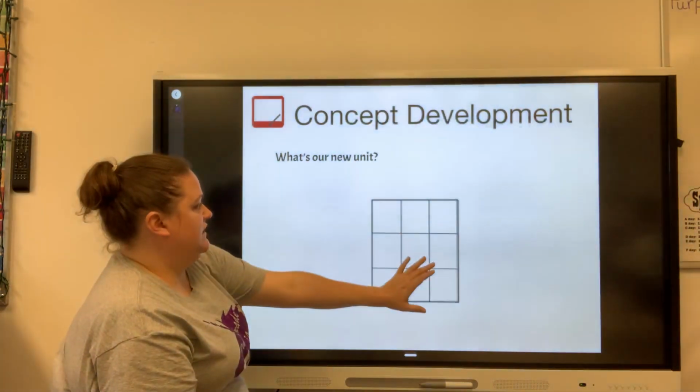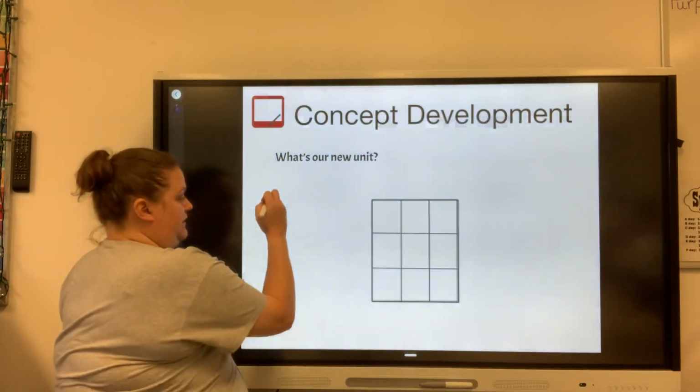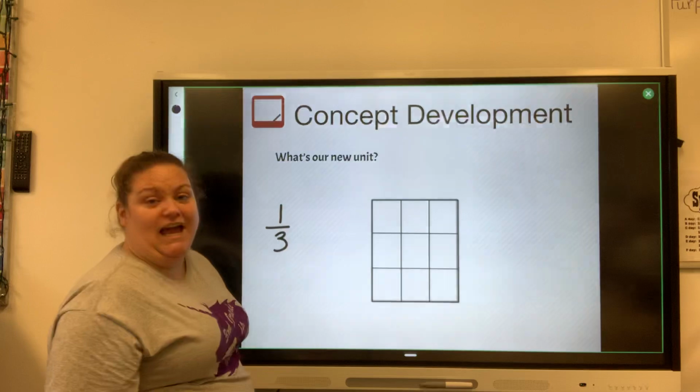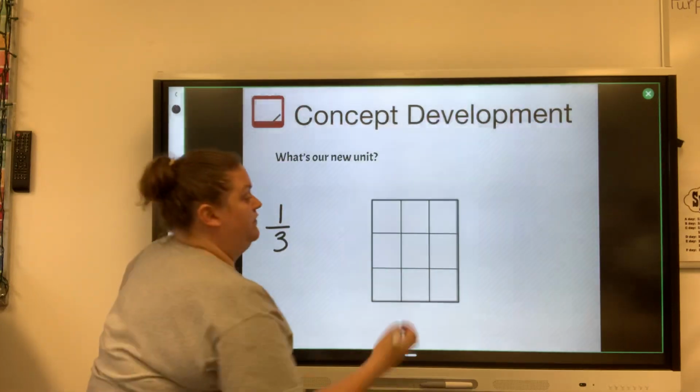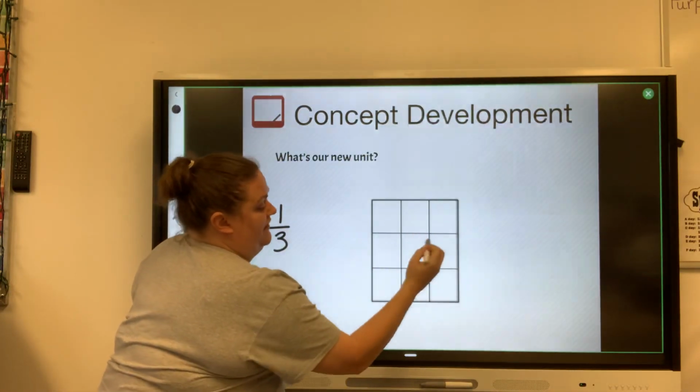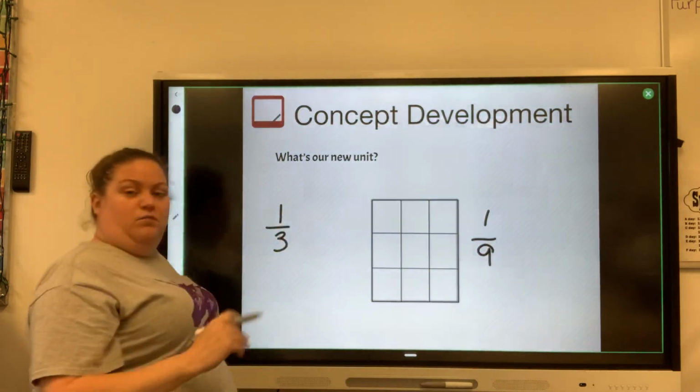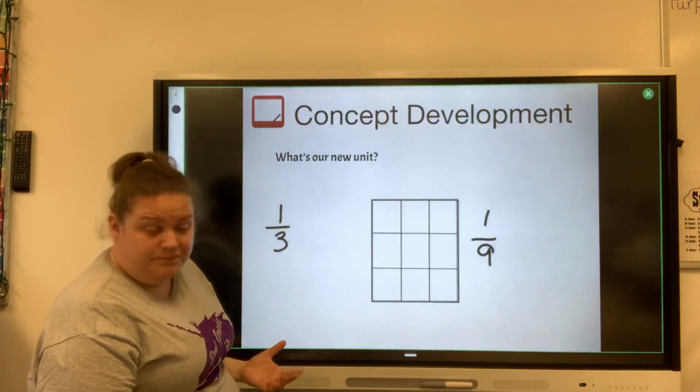So it'll look like this. So we went from thirds. We divided into thirds originally, but now we have way more people. So then now we have 1, 2, 3, 4, 5, 6, 7, 8, 9. We have ninths, which would also make it equivalent to thirds.